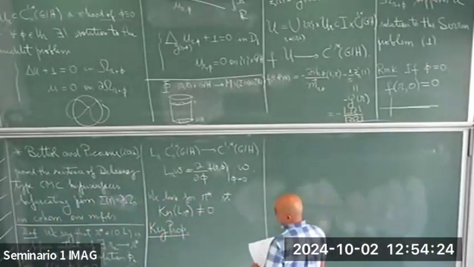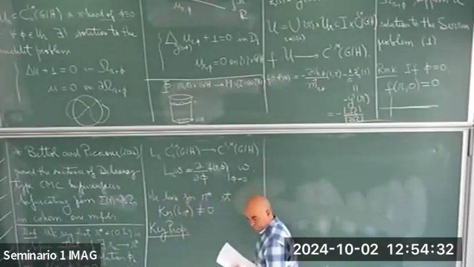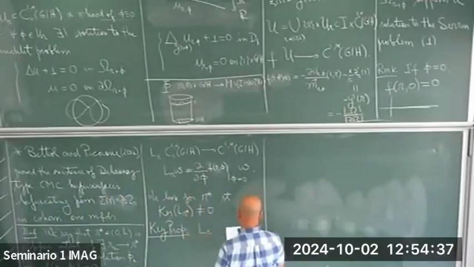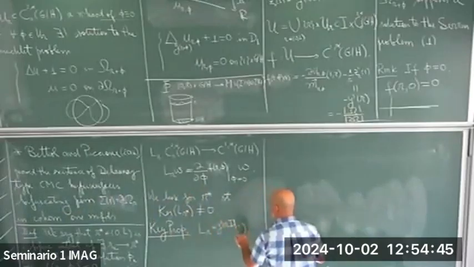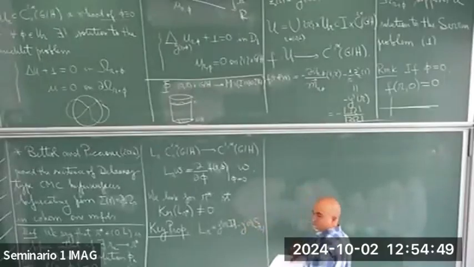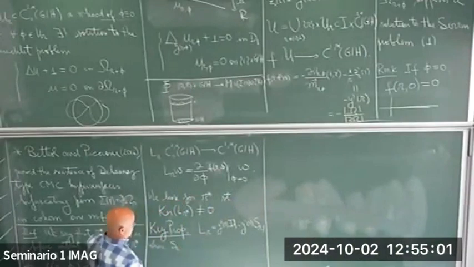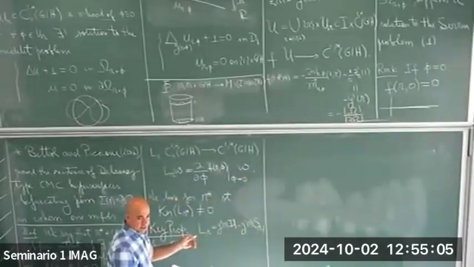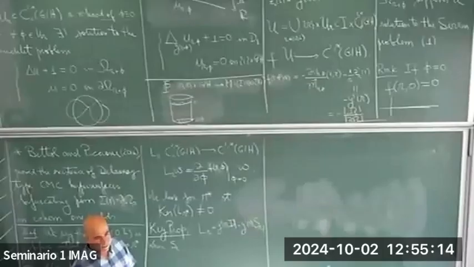It says that this operator, the linearization, is given by, surprise, this operator defined here, the Steklov operator, the Dirichlet to Neumann operator on the principal orbits sigma R.